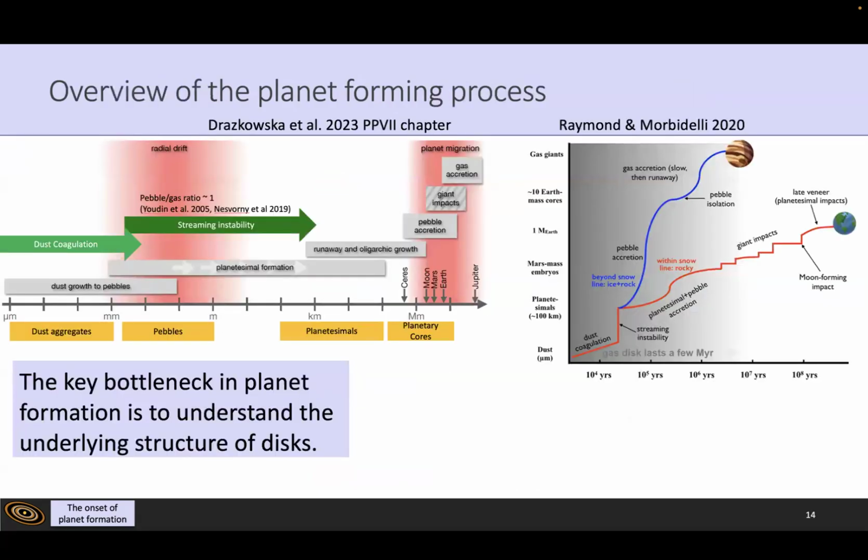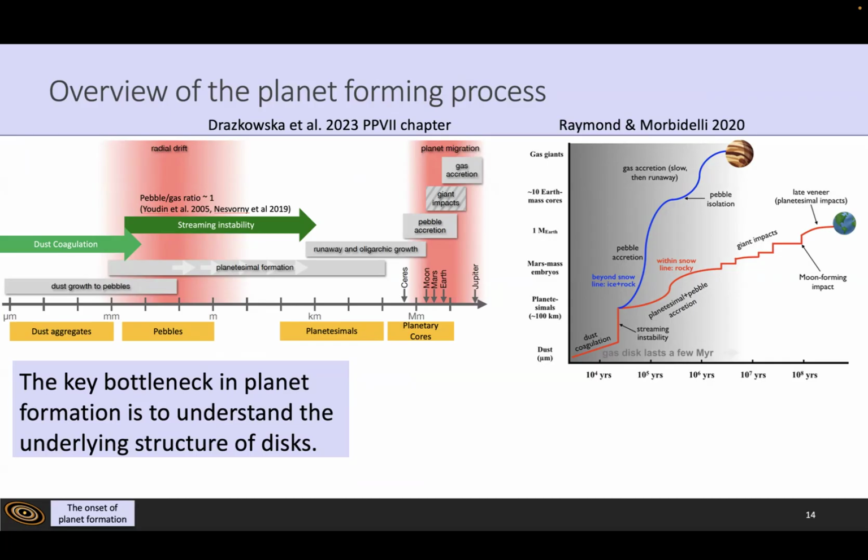So as reviewed by Drazkowska et al. in 2023 in the Protostars and Planets VII chapter, you start with small dust that coagulates to meter-sized pebbles, and these meter-sized pebbles will quickly spiral inward towards the sun. This is known as the meter-size barrier problem.